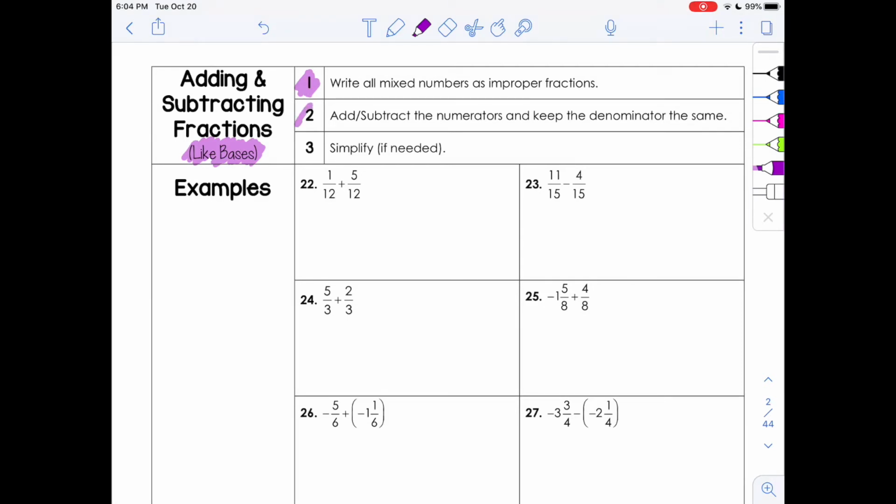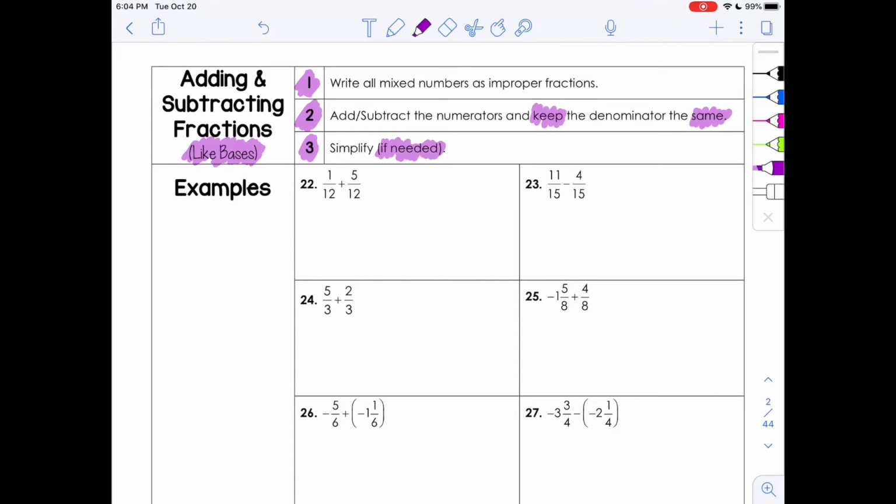Then, you are going to either add or subtract the numerators, but you keep the denominator the same. And finally, as always, make sure you simplify if needed. It's not always necessary to simplify, but it is always necessary to check to see if it can be simplified.